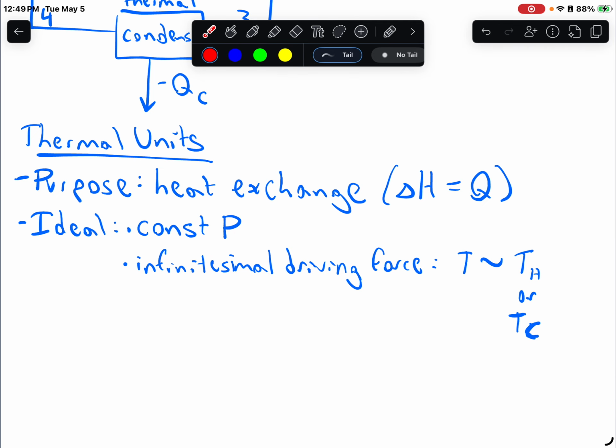So the constant pressure is fairly natural for you working in a two-phase system. But that isn't strictly a requirement for a boiler.